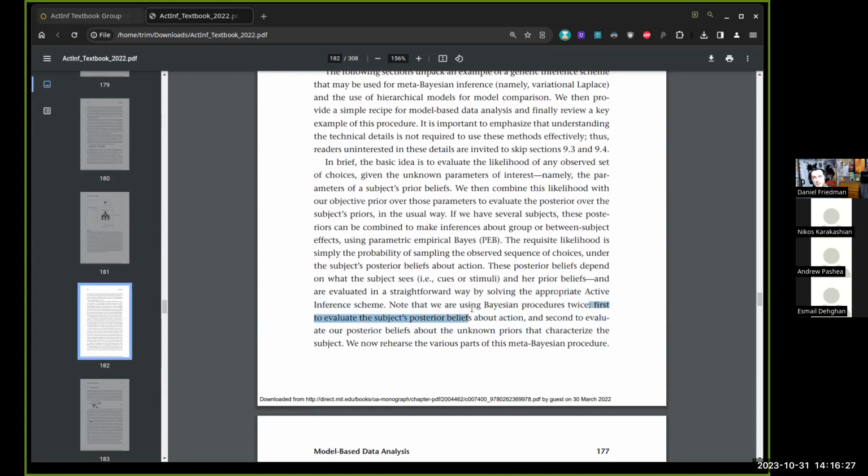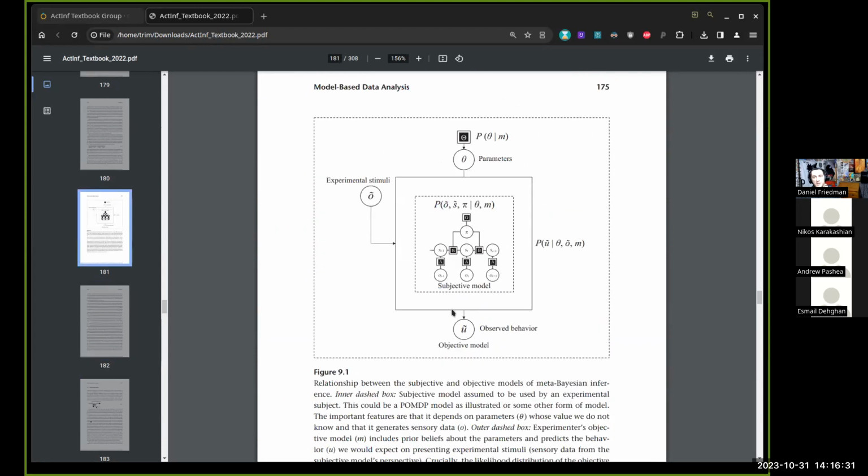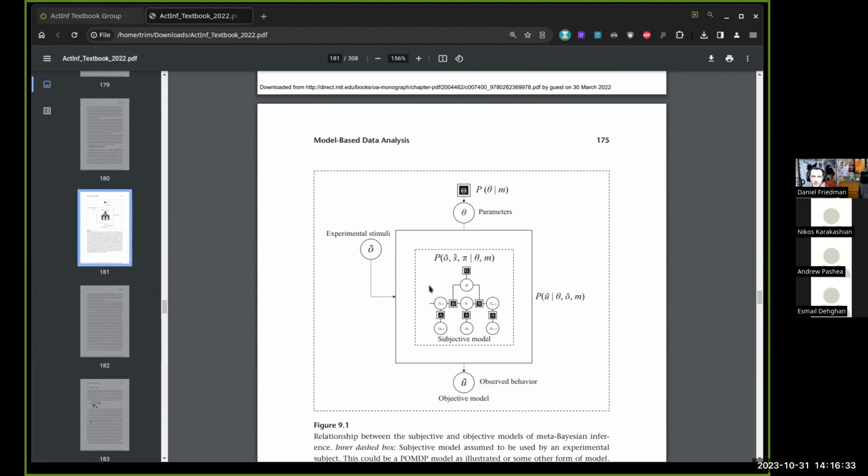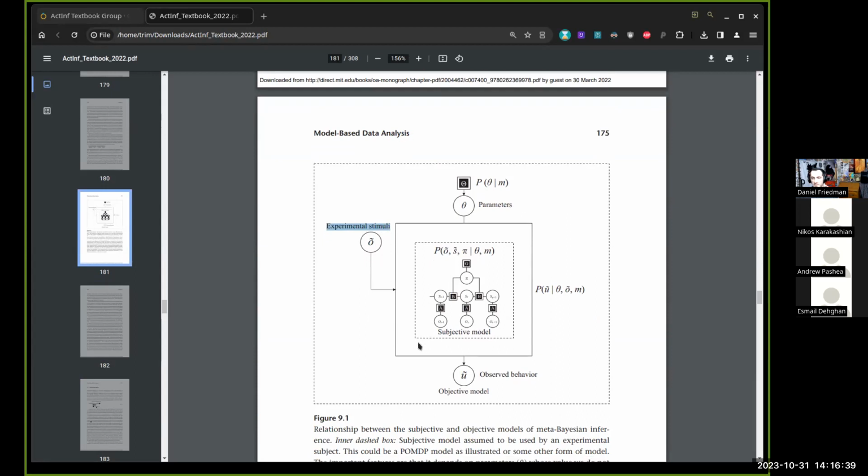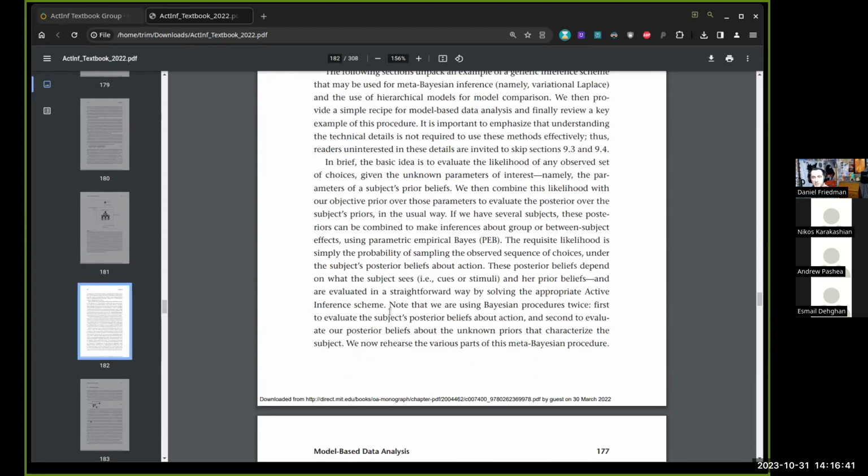First, to evaluate the subject's posterior beliefs about action. Posterior means posterior to the observation. So we're going to flash the red light, then we observe an action, and then we're going to do parameter recovery about the subject's posterior beliefs on action, posterior to the observation of the red light. That's the subjective model.